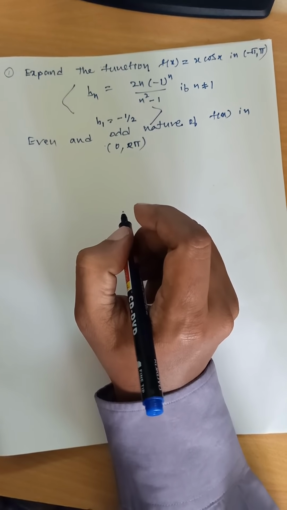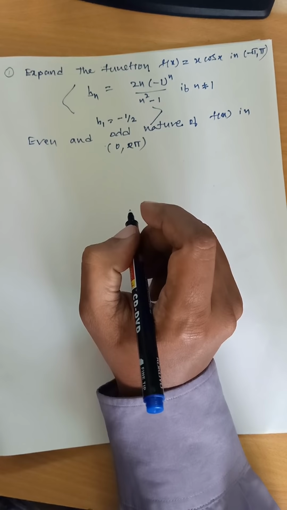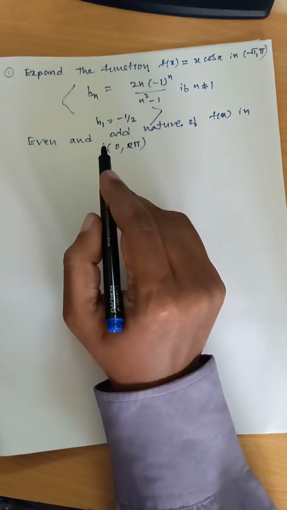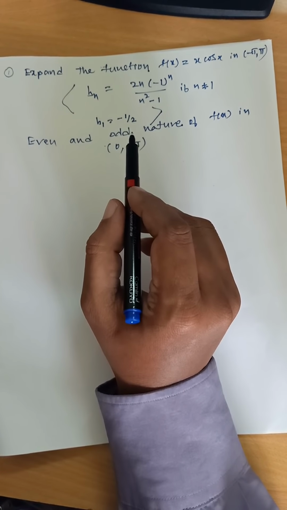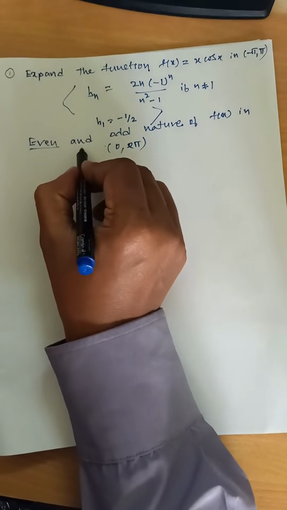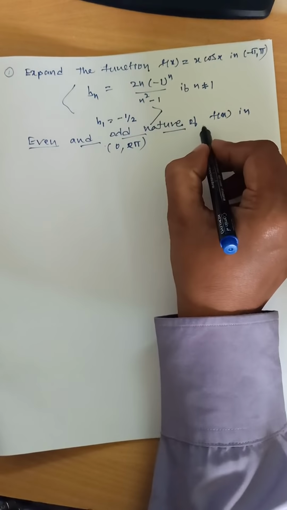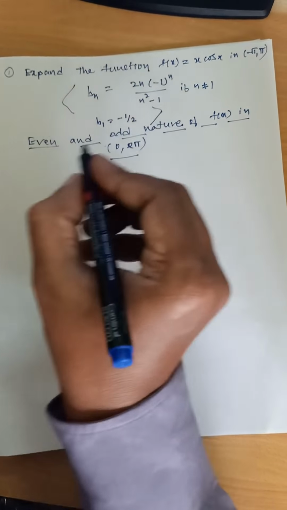One is minus pi comma plus pi, another one is 0, 2 pi, and arbitrary periods like minus l comma plus l and 0, 2l. So in every problem we first check whether the given function f of x is even or odd. So now we are discussing even and odd nature of the function f of x in 0, 2 pi.